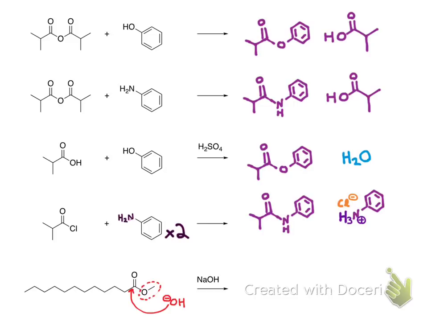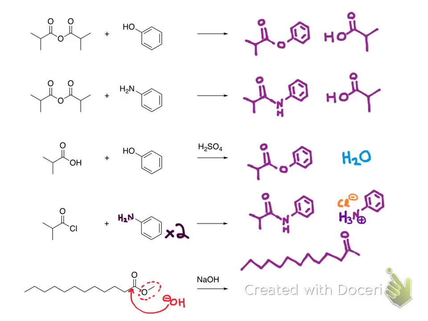So, what do our products end up looking like? Let's see, we've got 12 carbons in a row from our fatty chain methyl ester. Then we've got our carbonyl that will plop in there.